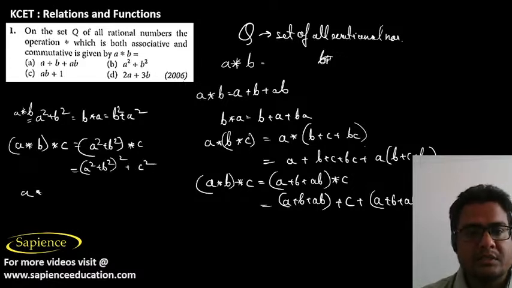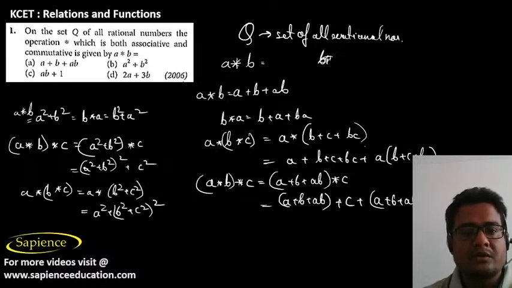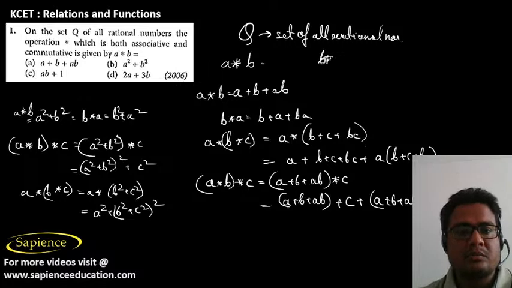And A star (B star C) will be A star (B square plus C square), that would be A square plus (B square plus C square) square. They are not the same. So in the second option, the operation star is commutative but not associative.